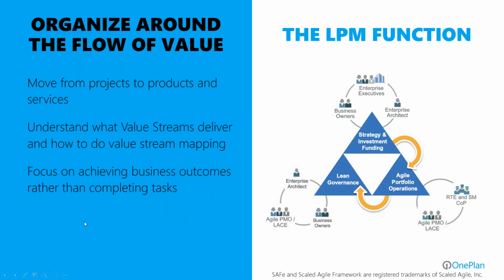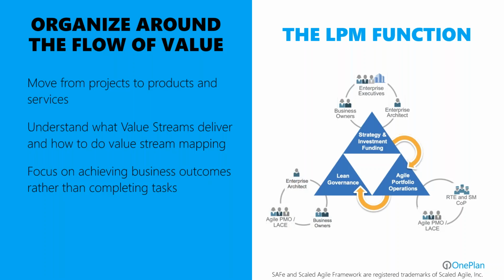Let's look, as briefly as I can, at some of the core pieces that constitute Lean Portfolio Management, some of the big topics. Again, there is training behind this to get into more depth, and lots of information online at the SAFE site as well.